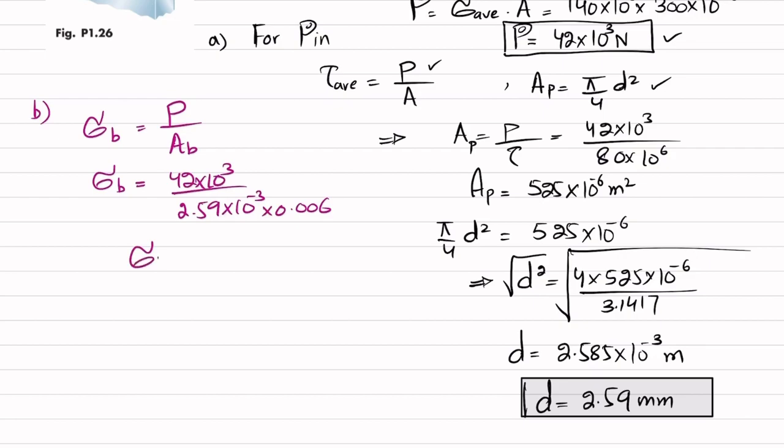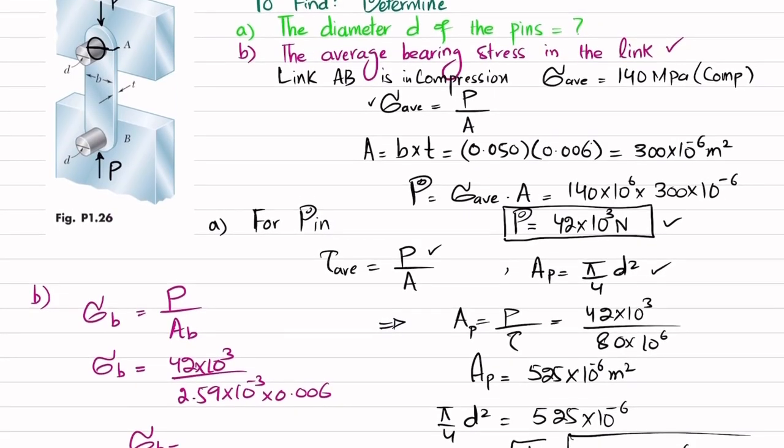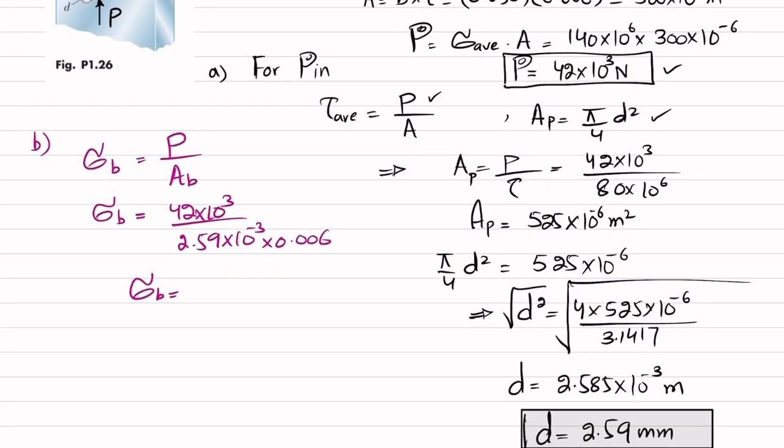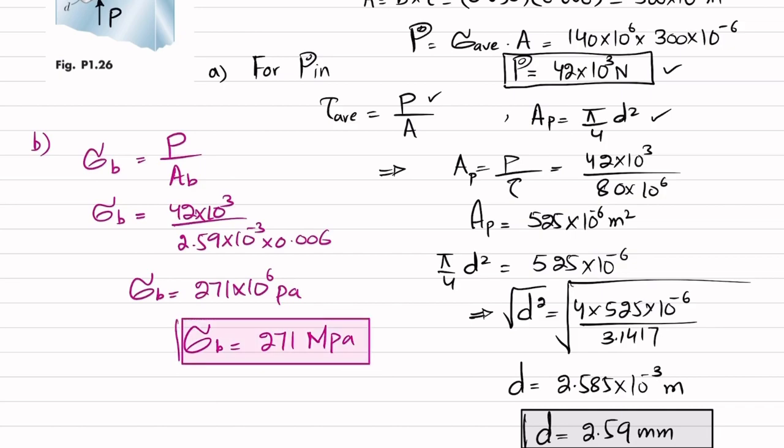When you calculate it, you will get the bearing stress in link AB as 271 into 10 raised to power 6 Pascal, or you can say that the bearing stress in link AB is 271 megapascal. So this is the answer of our second part.